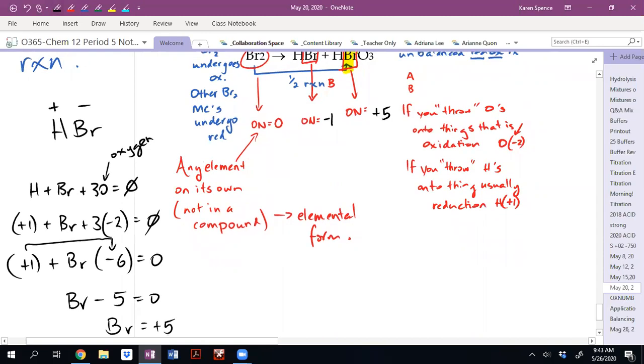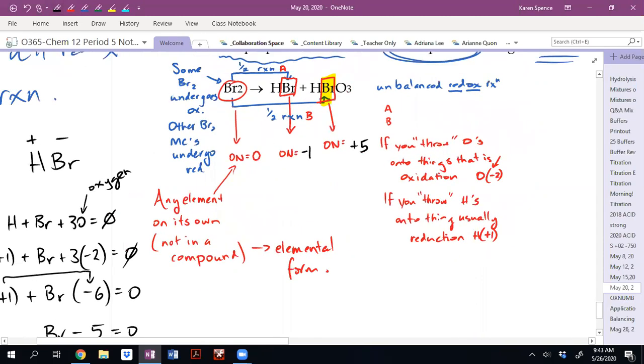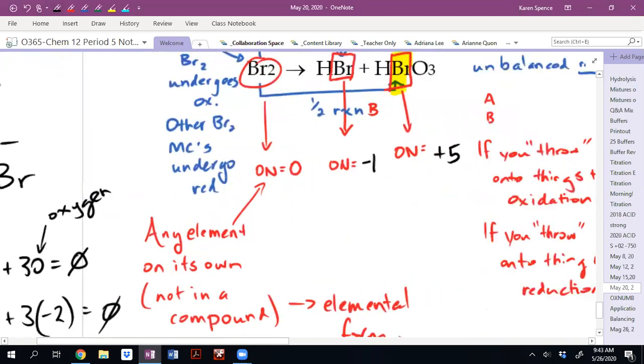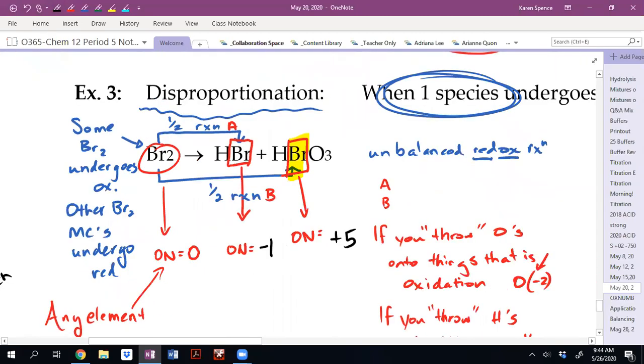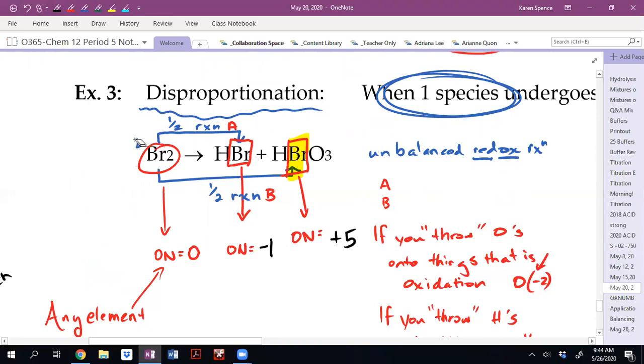So as we go from, let's zoom in here, and I'm going to get rid of all of this bit here. As we go from Br2 to HBr, was that half reaction an oxidation or a reduction?